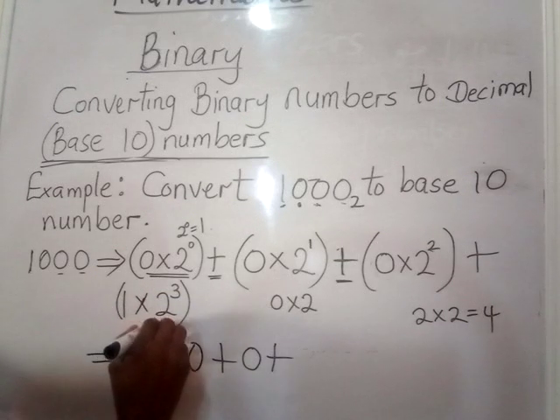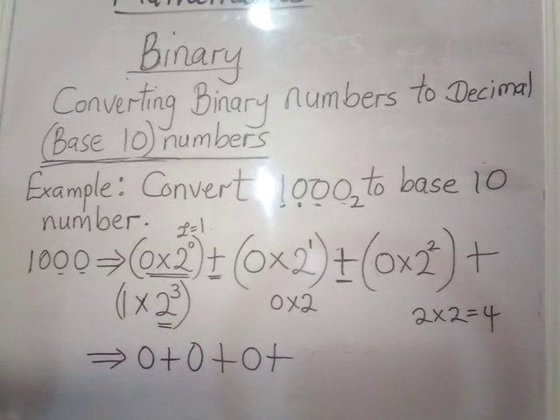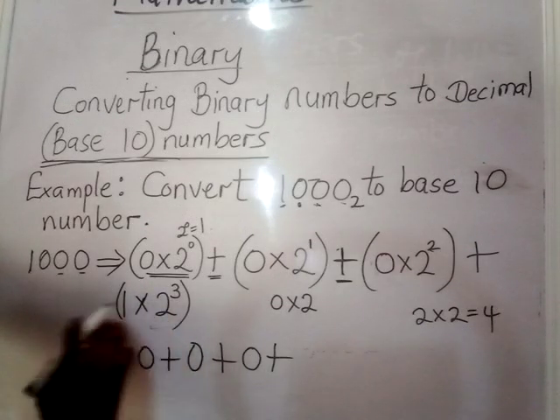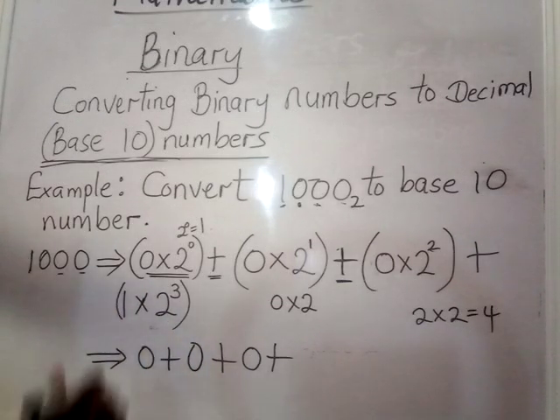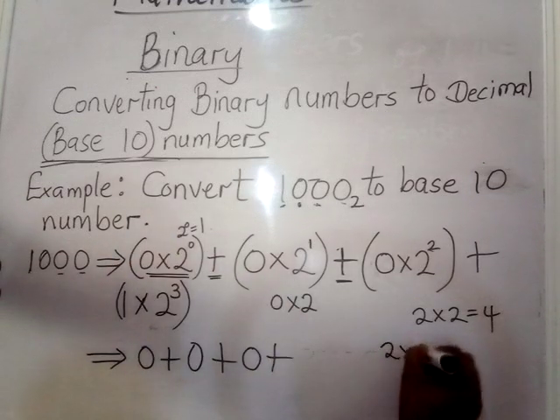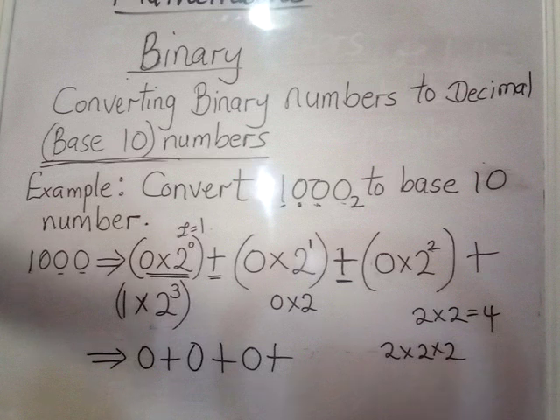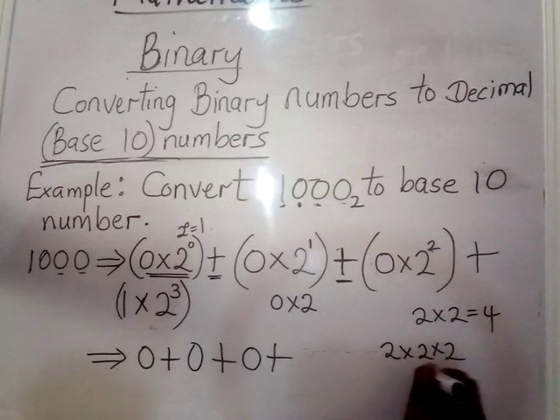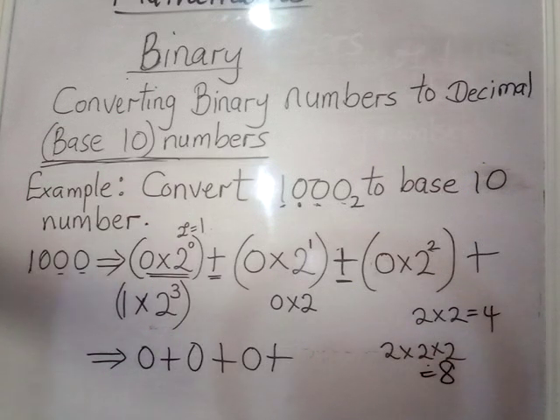So first, again, we solve the power, the one that is in the power here. We have to solve that first before we do the rest. So 2 to the power of 3 means 2 times 2 times 2. And 2 times 2 is 4. 4 times 2 is what? 8.